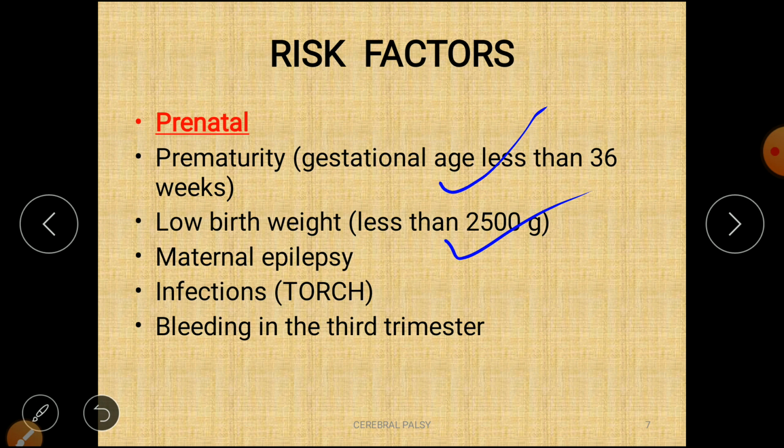Maternal epilepsy, then TORCH infection during pregnancy, that is toxoplasma, then rubella, chlamydia, herpes virus. So these infections can lead to the chances of cerebral palsy. Then bleeding in the third trimester.